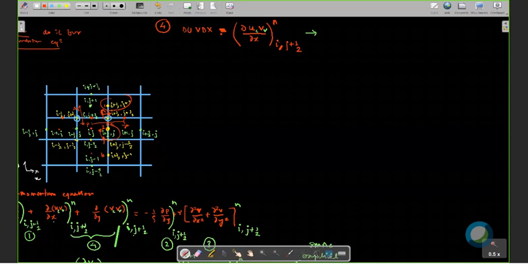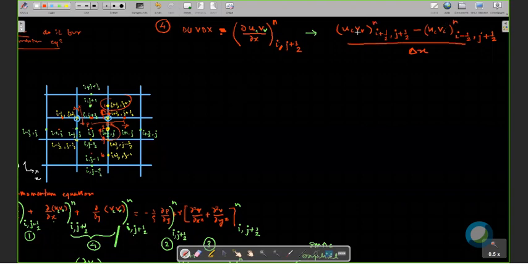So accordingly, we can write uc v at i plus half, j plus half, minus uc v at i minus half, j plus half, divided by delta x.